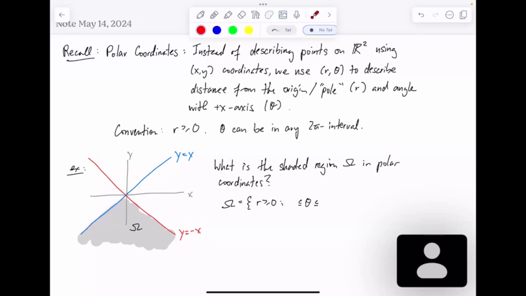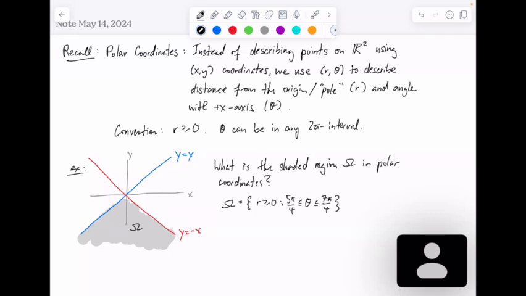This makes an angle of 180 degrees plus 45 degrees with the positive x-axis, or in other words, pi plus pi over 4, so that would be 5 pi over 4. And then you look at the other angle, which is 180 plus 90 plus 45, so that's 7 pi over 4. Or in other words, you can just subtract 45 degrees from 360, and in radians that's 7 pi over 4.